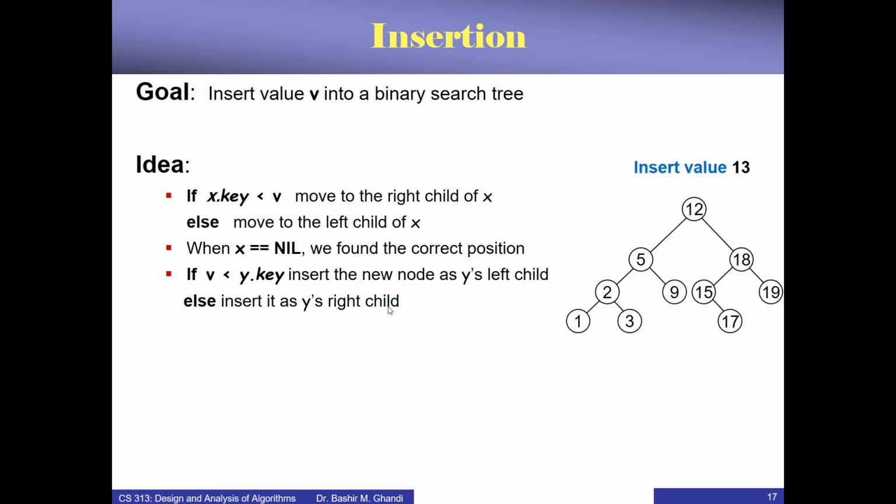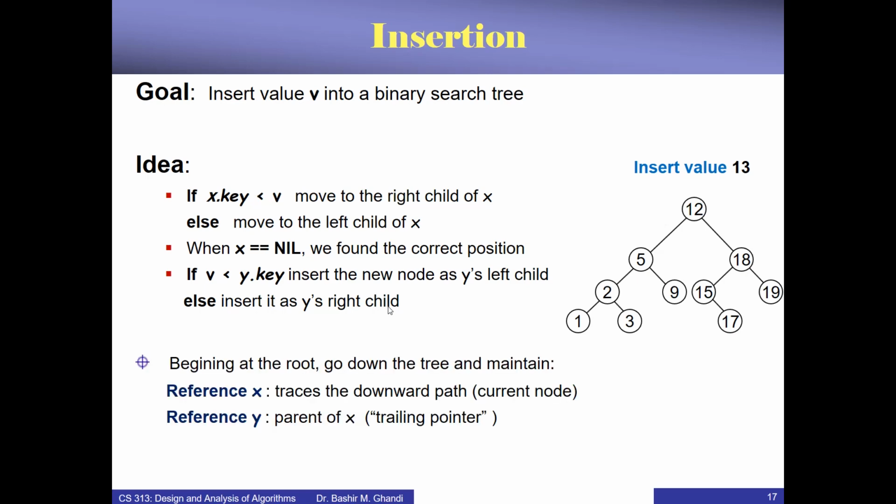So for example, suppose we want to insert 13 in this tree. I will show you the full detail of the example in the next slide, but here is the idea.